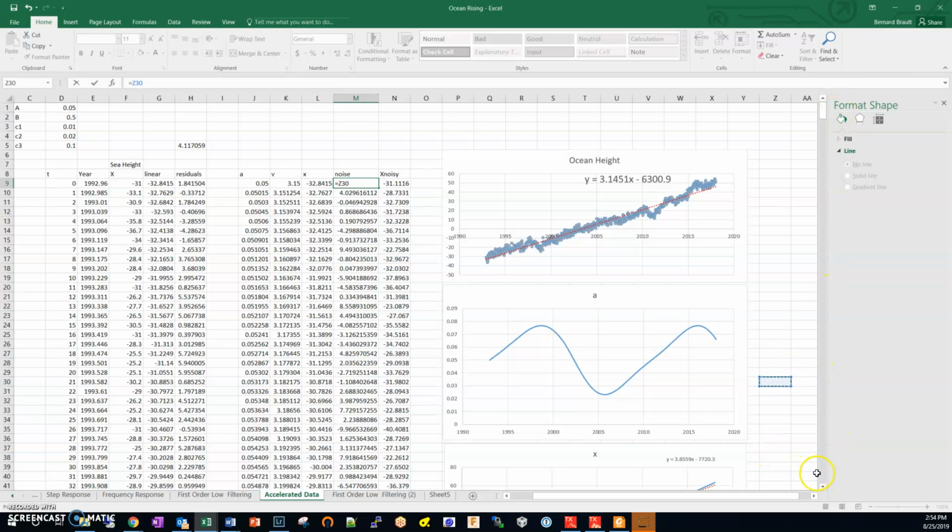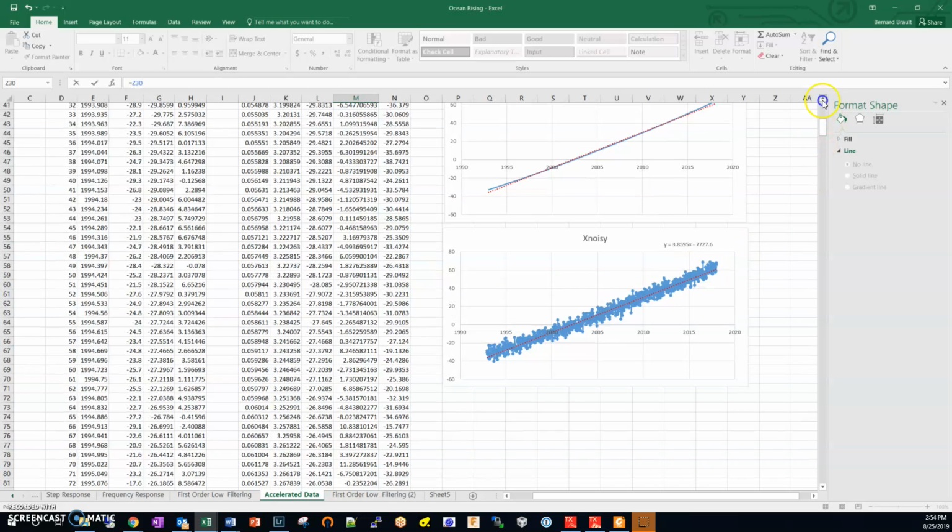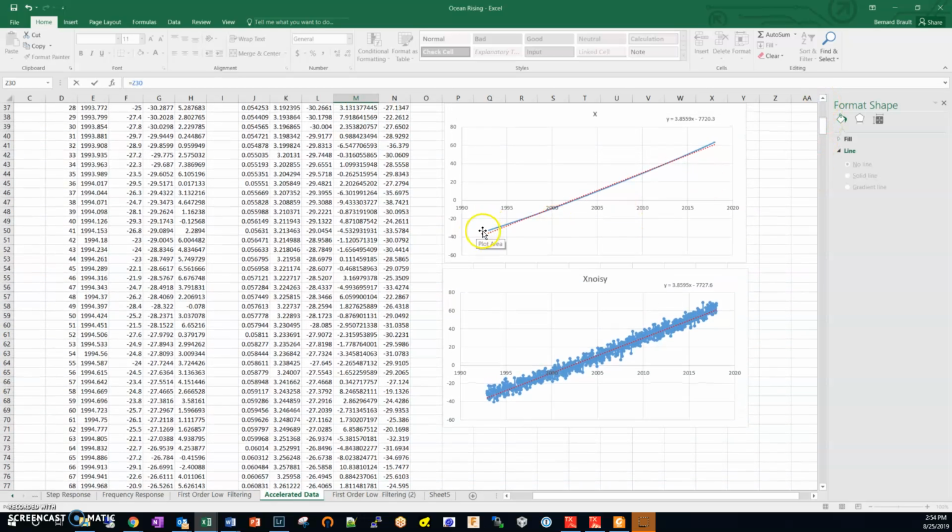So this time I'll do the exact same analysis on this data, for which I know what the acceleration is because I built it, plus added quite a bit of noise. You can clearly see the parabola here, which somebody claimed before that they could see, but I couldn't.